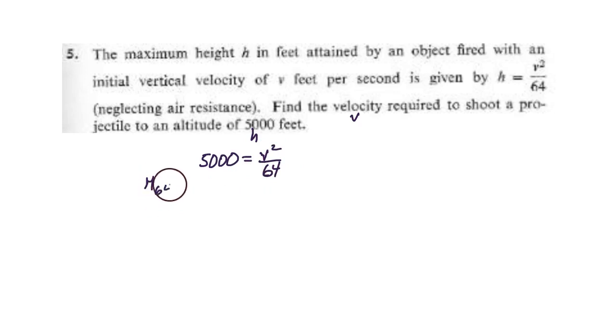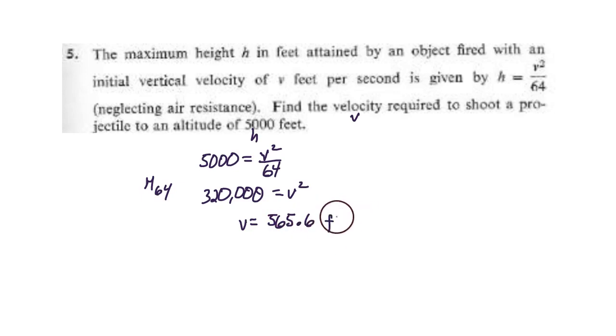So multiply both sides by 64. This makes 320,000 equal to v squared. Now take the square root, and v equals 565.6, some more digits, feet per second.